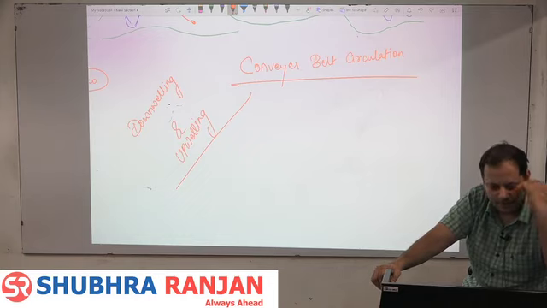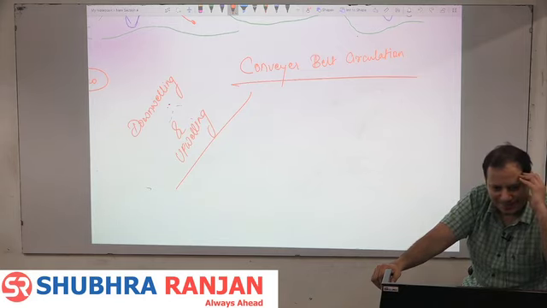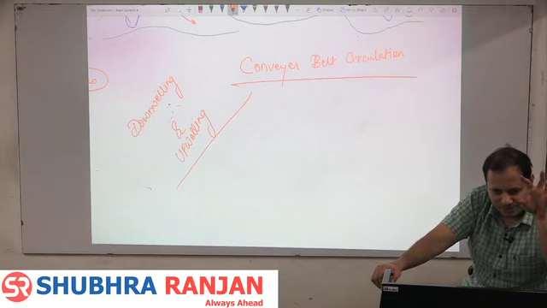Downwelling and upwelling. Getting it? We are saying upwelling of Benguela current, upwelling of Humboldt current. ये confuse हो रहा है तुम्हें?